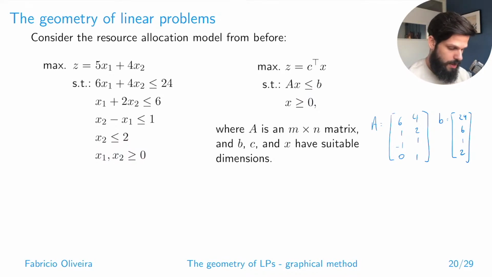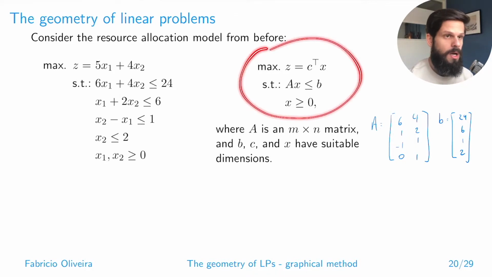B then has a dimension M, and C has a dimension N. I'm insisting on these details now because what's coming next week and in the next classes uses a standard notation in terms of sizes. So it's good that you start to get familiar with how big these elements are when we're using this more algebraic notation.